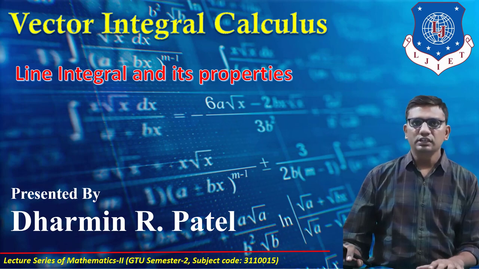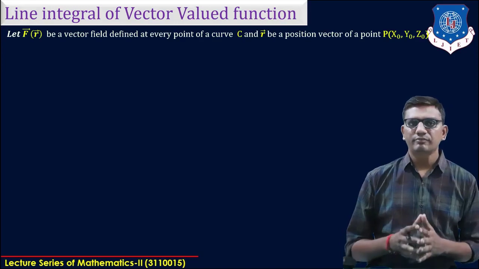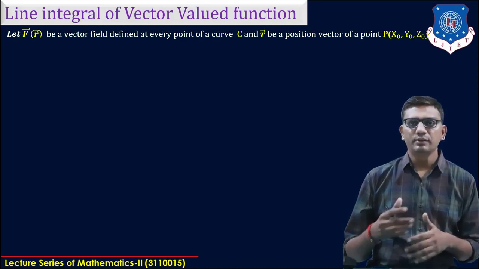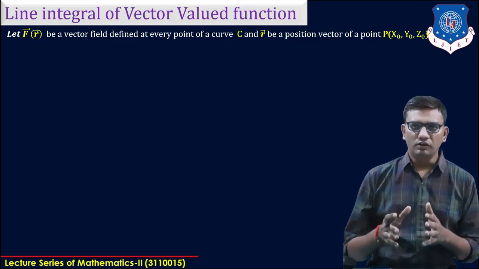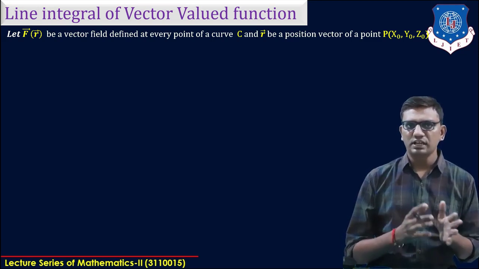Now, what is a line integral in vector calculus? Here, let f bar of r bar be a vector field defined at every point on the simple closed curve C, and r bar be the position vector of a point x0, y0, z0 in the vector space R3.